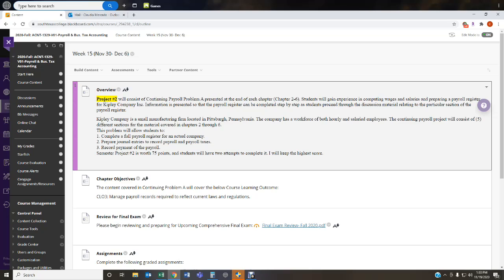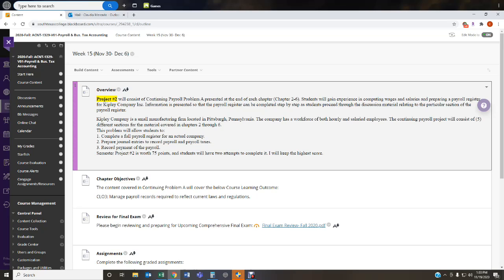So it's an application-based scenario where you're going to gain experience of what you're going to be seeing in the workforce. Information is presented so the payroll register can be completed step by step as students proceed through the discussion material relating to the particular section of the payroll register.